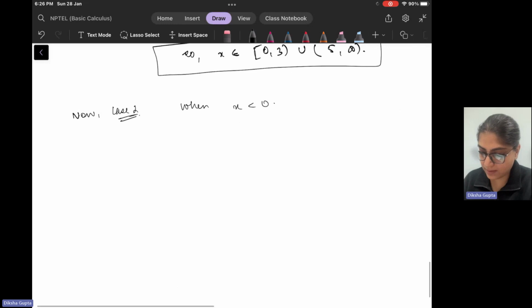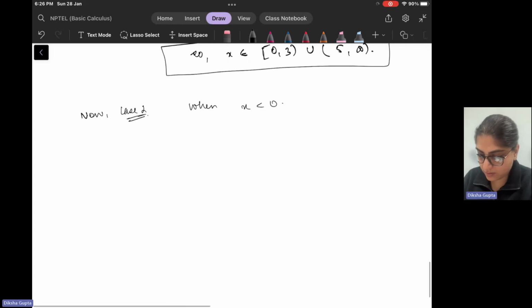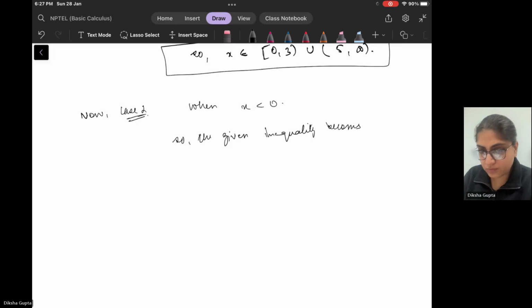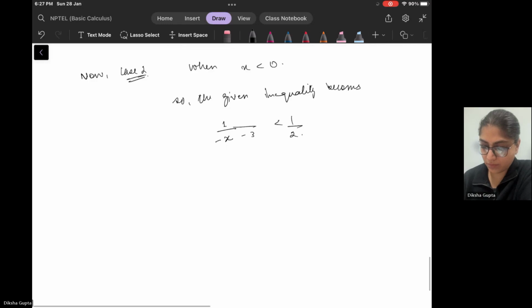Now here x is less than 0, so the given inequality becomes, what will it become? 1 by minus x minus 3 less than 1 by 2.